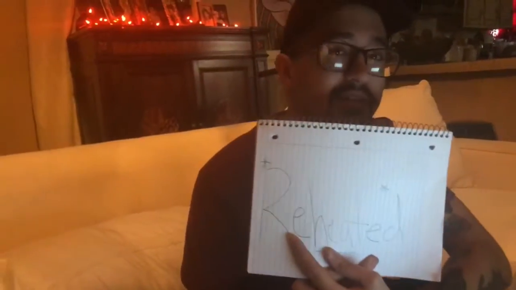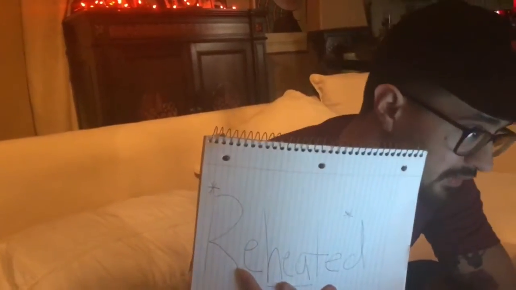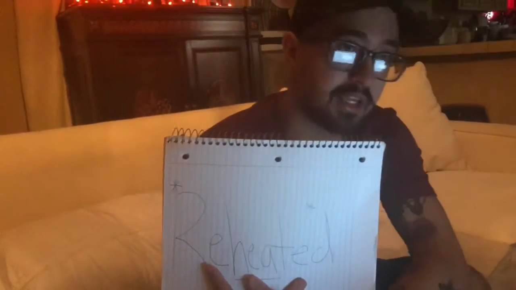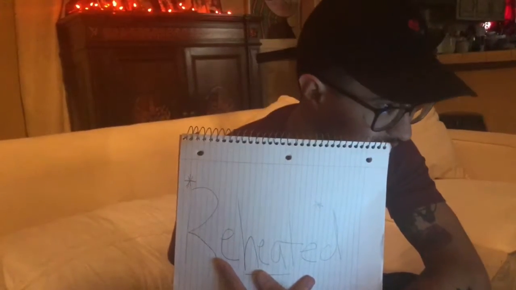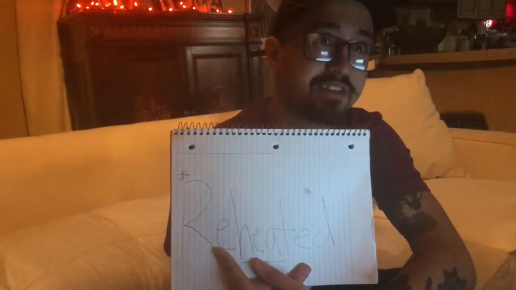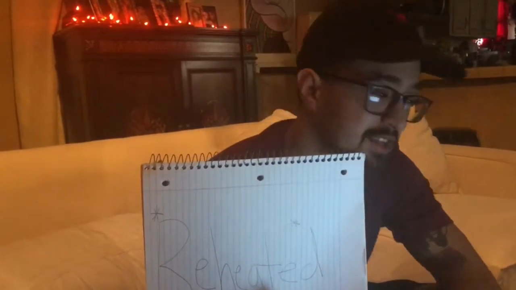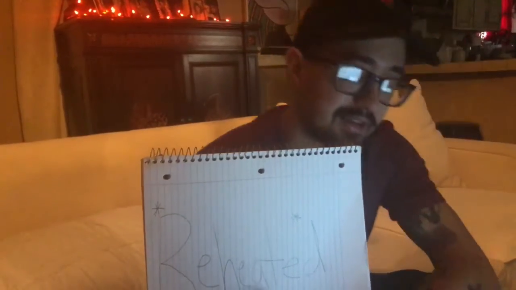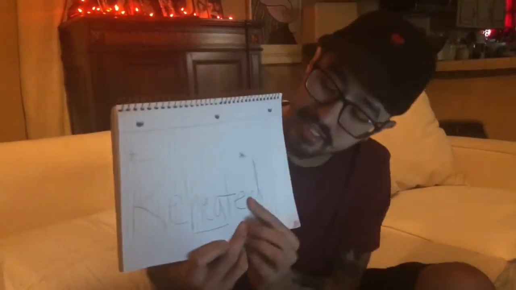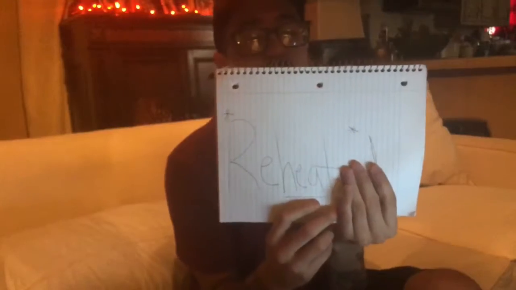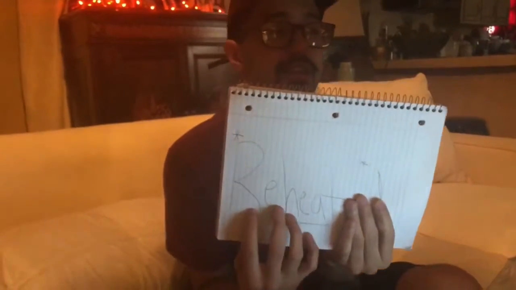Re is a present. It's in the beginning, which is a prefix, and it's attached to the root word to give it more meaning. And for reheat, you take out the ed. This just means to heat again.